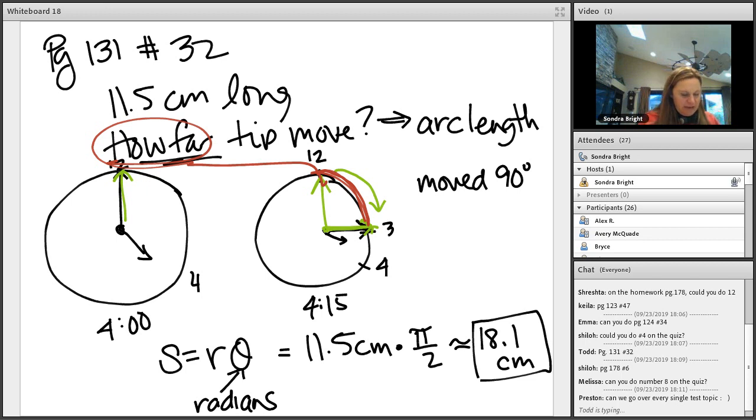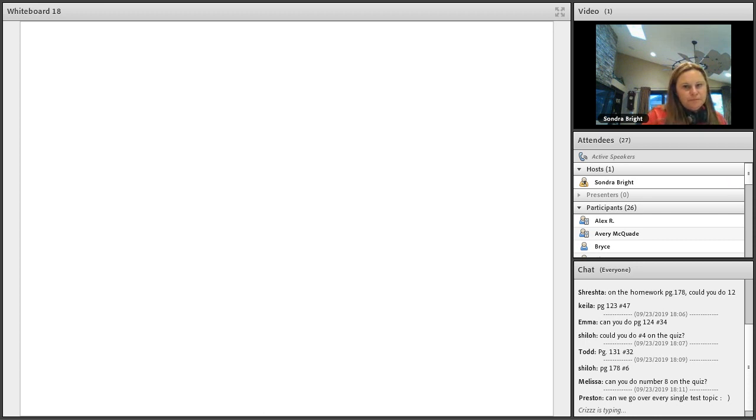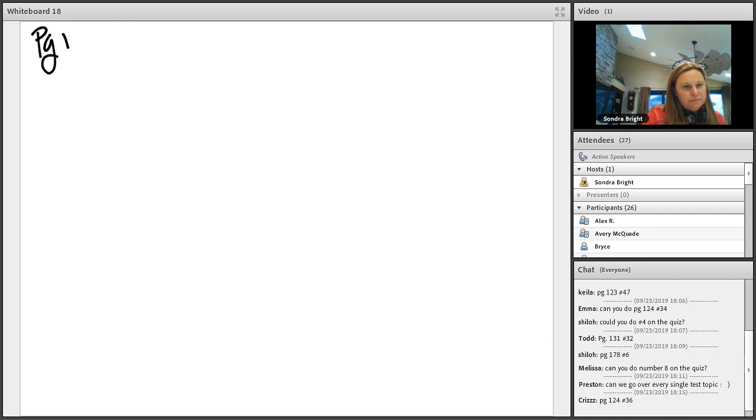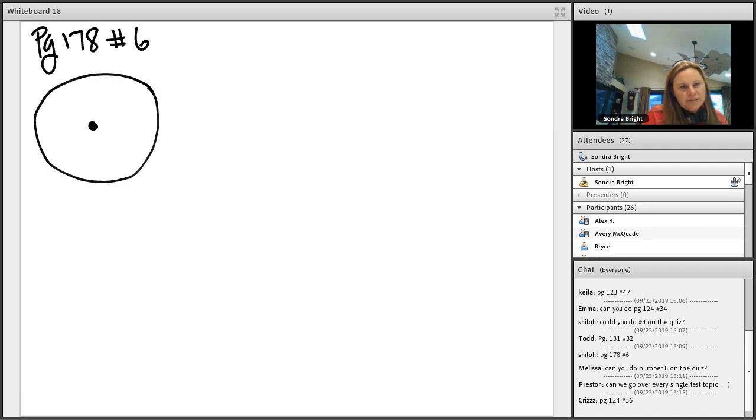Page 178, number 6. A point on a wheel, 10 centimeters from center. So if here's your wheel and here's the center and it's saying it's 10 centimeters away, that's your radius.